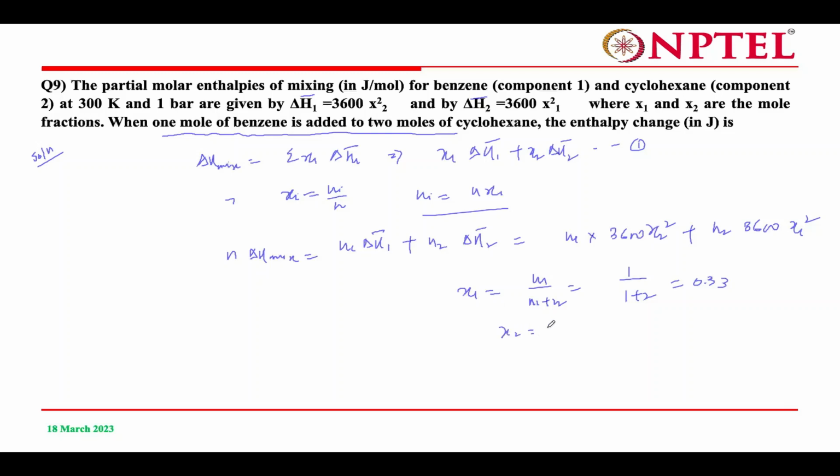So x2 is equal to 0.67. Put these values here. It is 24 joules.